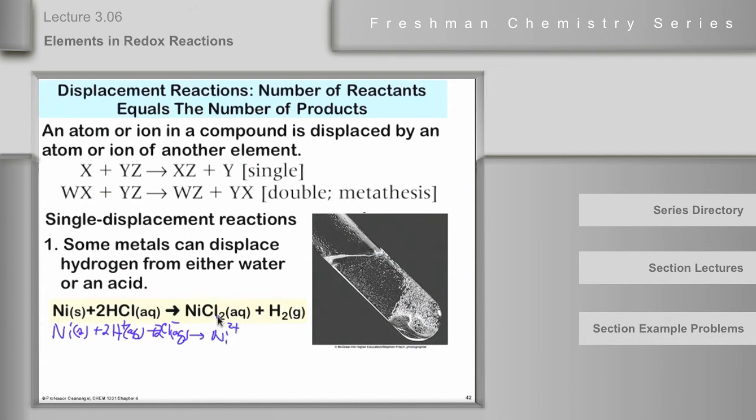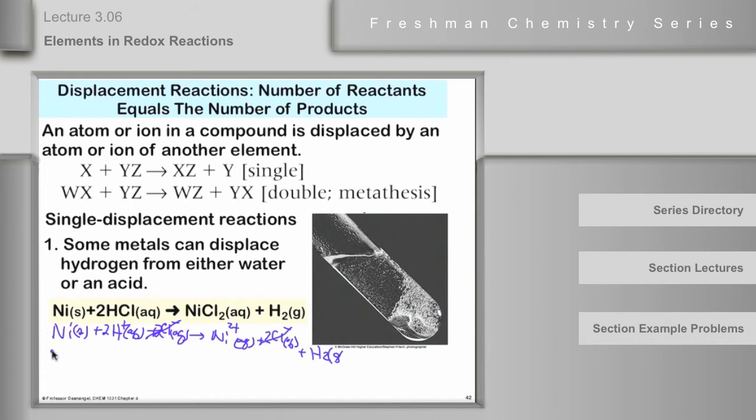This is an ionic compound. And aqueous plus 2 chloride ions, aqueous, plus H2 gas. Well, that's the total ionic equation, but we notice that chloride ions are present on both sides. So we could throw those away because they're what kind of ions?